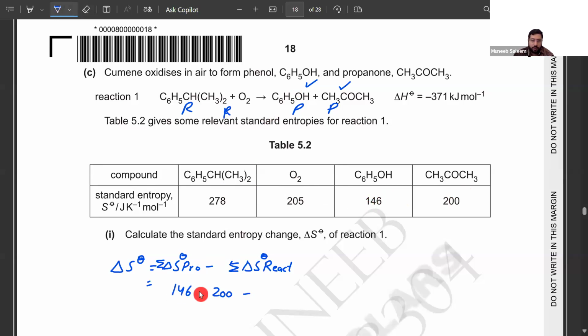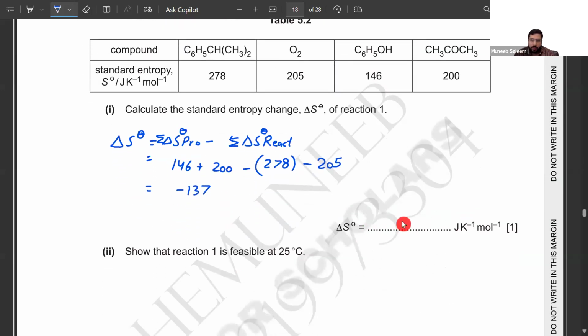So 146 plus 200, and then minus the reactant values. This compound has a value of 278, and similarly minus the other reactant, O2, its value is 205. When you do the calculation, you will get the answer as minus 137. So minus 137 is the final answer.